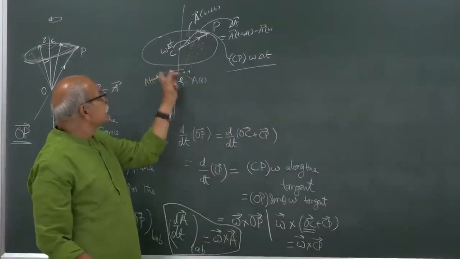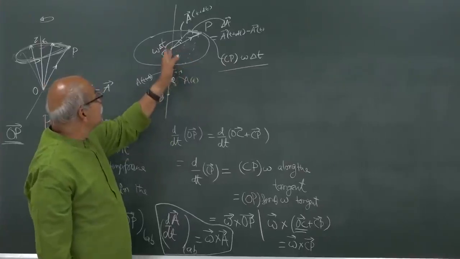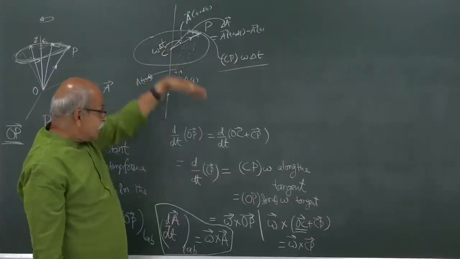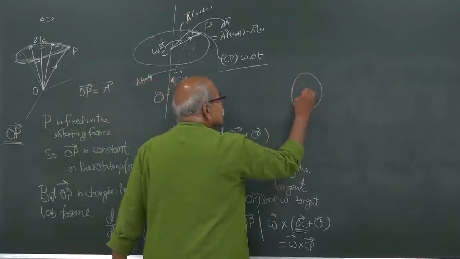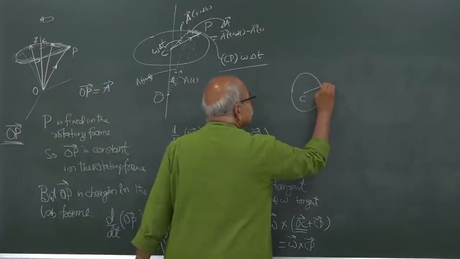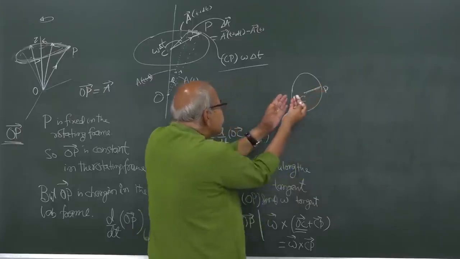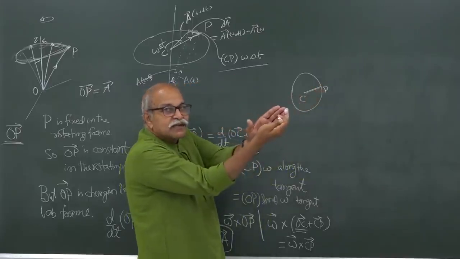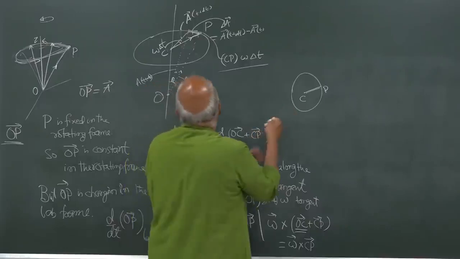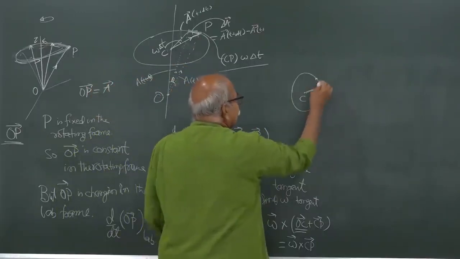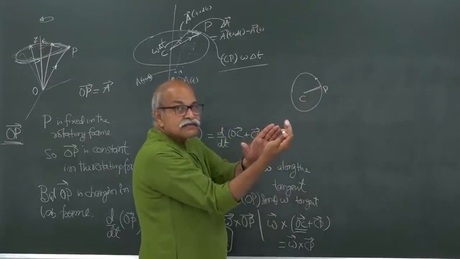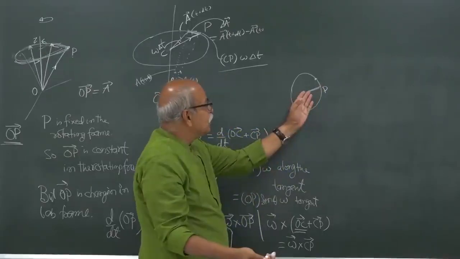This is a circle, and omega is perpendicular to the circle, and this CP is the radius. So, if you have a circle, this is C here, this is P here, CP, and omega is perpendicular to the disk, coming out. Since the rotation is going this way, the positive direction of omega is coming out of the board.